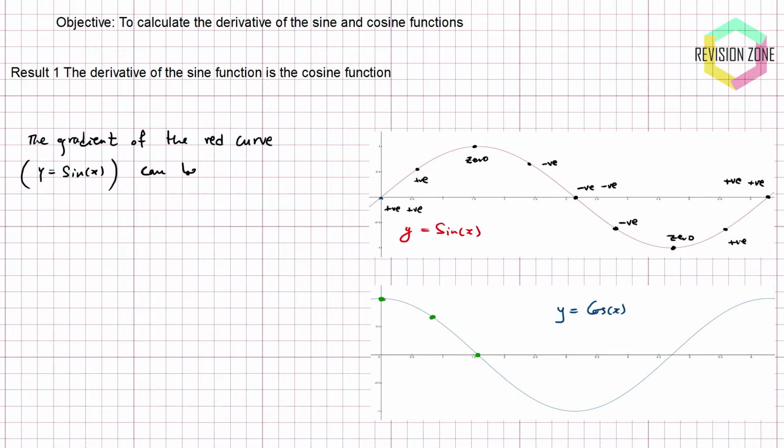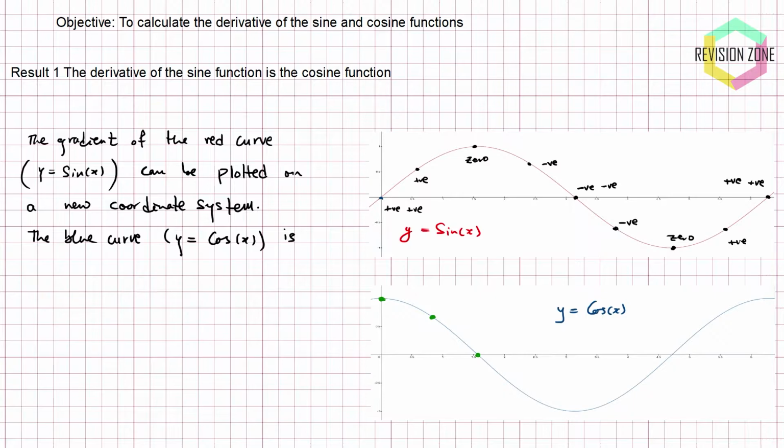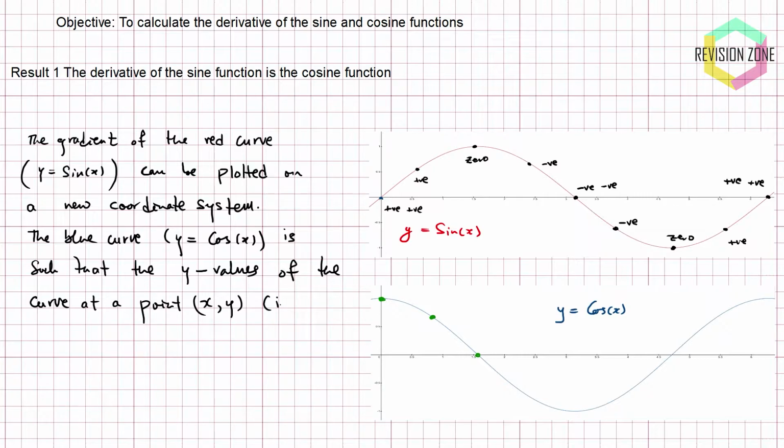Can be plotted on a new coordinate system, and the blue curve, which is obviously y equals cos x, is such that the y values of the curve at a point, say, x, y, what I mean is, in other words, at the x coordinate x.